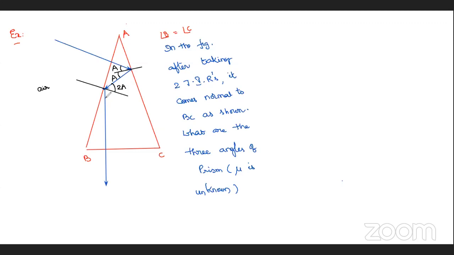If it is 2A, then angle of reflection is also 2A. If it is 2A, how much is this? 90 minus 2A. This is 90 minus 2A, means this is already B and it is 90 degrees.